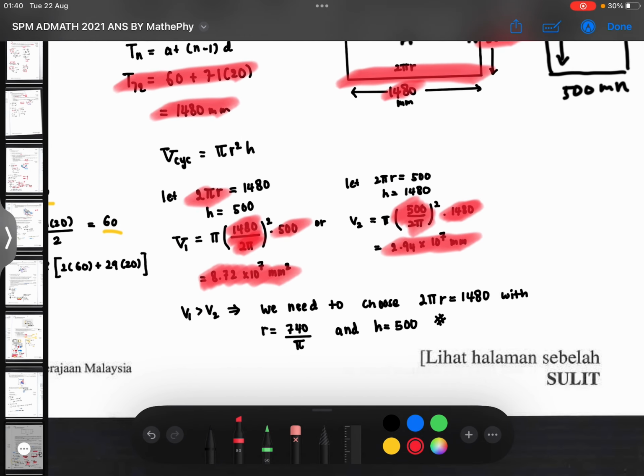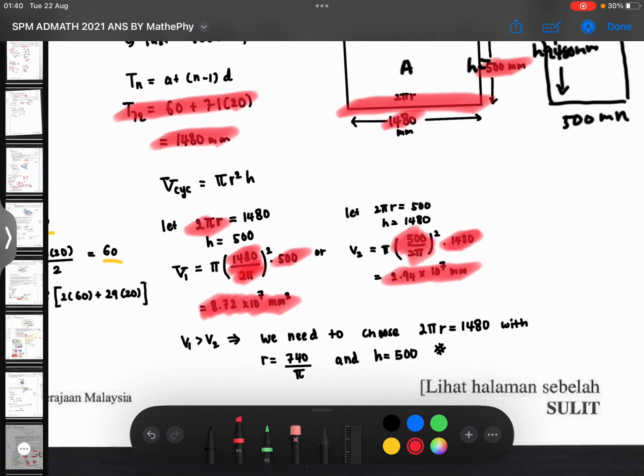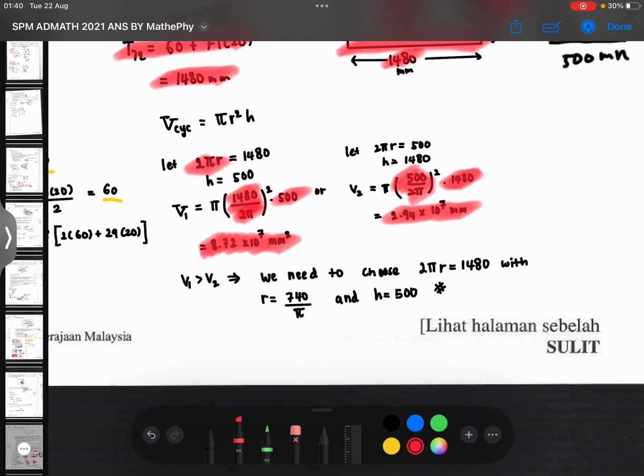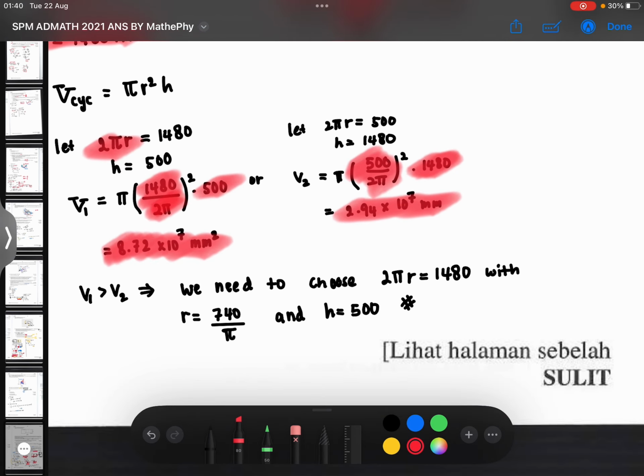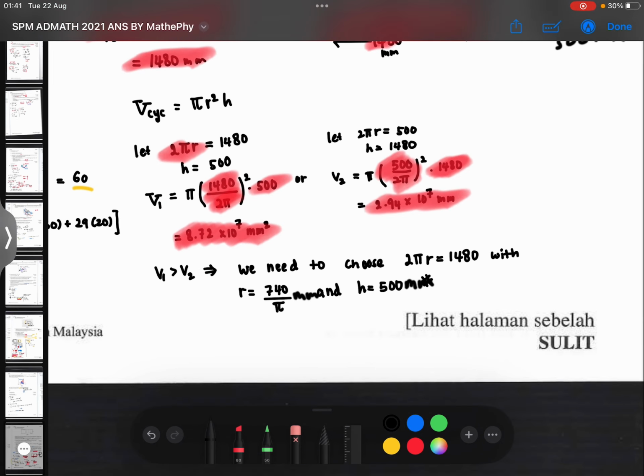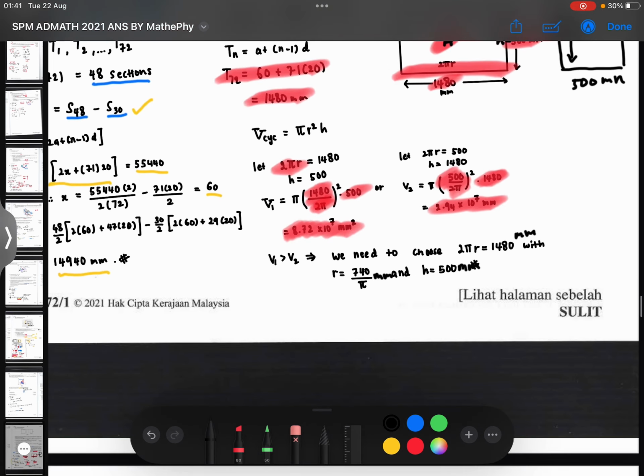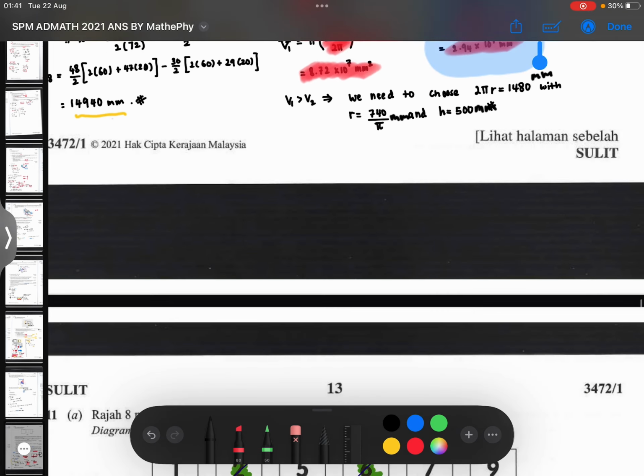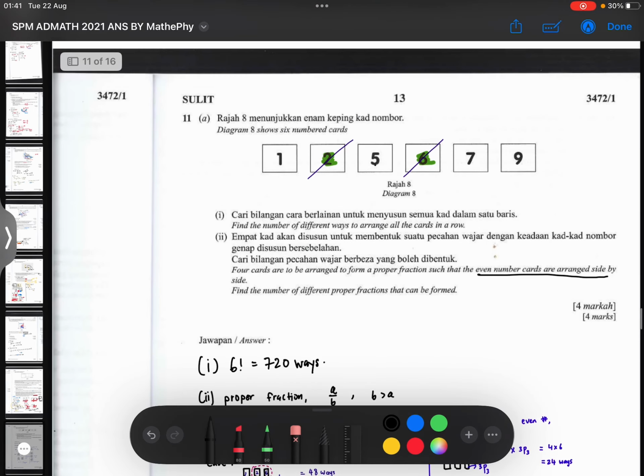So the maximum volume is the first case, case A. Okay, so we need to choose the circumference of 1480 millimeter, whereby the radius is 740 over pi, and the height is 50 millimeter, like that. Okay, so this is millimeter, I forgot to write. Like that. Okay, it's very easy actually, but quite complicated.